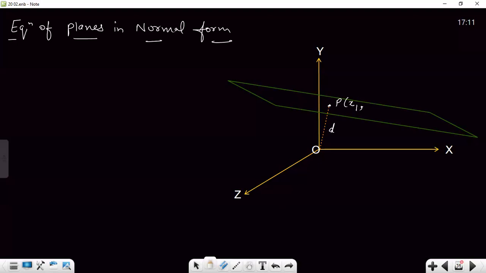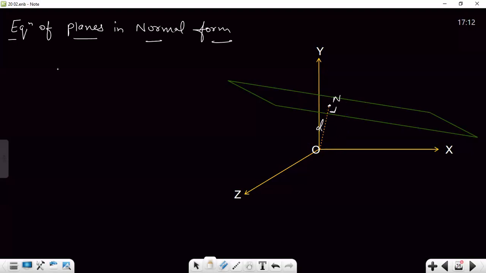Actually, we will not require them, so we can also ignore it. And instead of P, if we write N, that would be better. Why? Because we will know that this is a normal. This is a normal to the plane. And the distance is d. So this is what we have. And from here, we also know the ON vector.